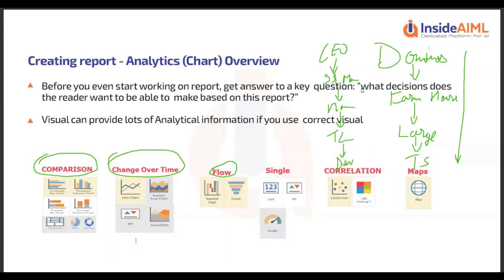So this is our hierarchy in an organization. Then single values: single values can be card, KPIs, gauge. Gauge is actually used for this purpose, where we want to show total sales versus target.